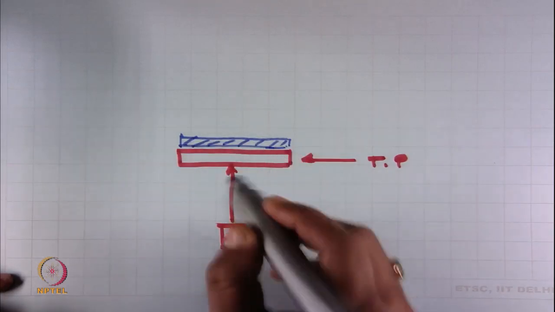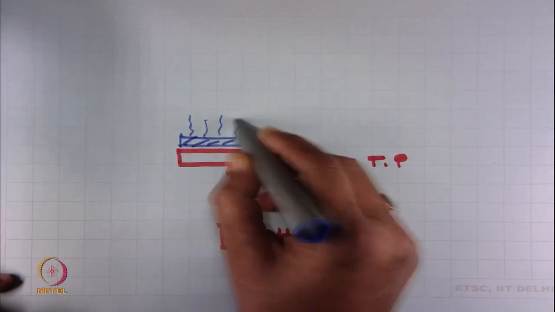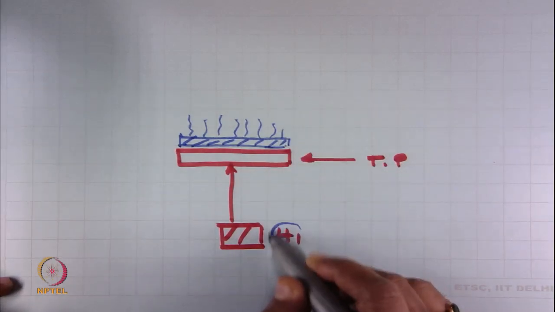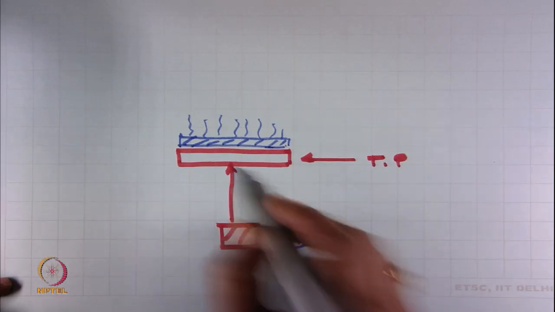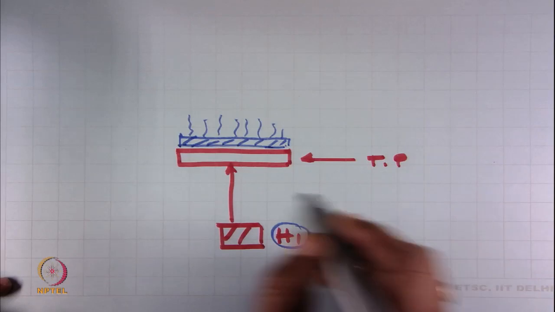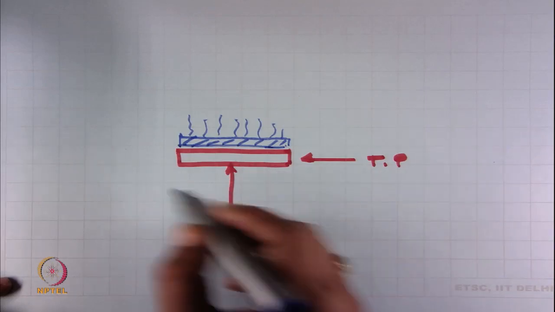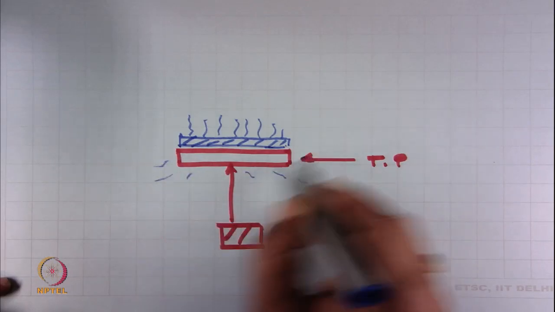and what do we want? We want to measure the heat which is flowing through the fabric, and heater 1 is heating the test plate, but this heat is transmitting in other directions also.